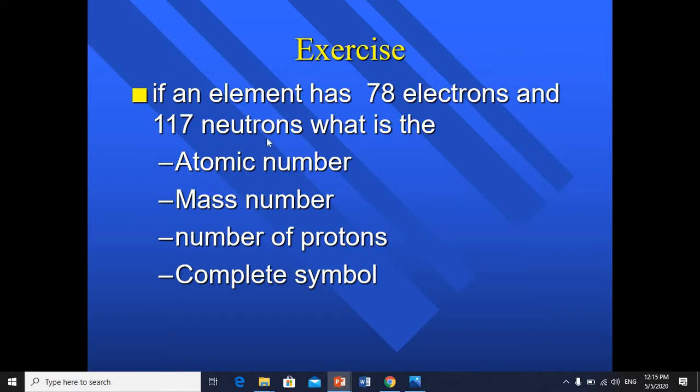So we have neutrons here and we have electrons, which equal the protons. We must add 78 to 117 to get the mass number. Excellent. The number of protons equals the number of electrons. And to complete the example, we also have to find this in the periodic table.